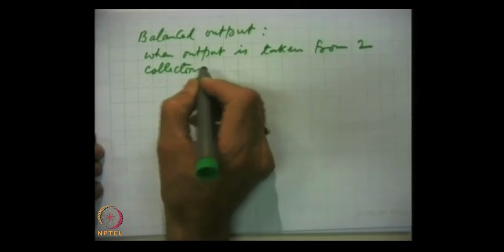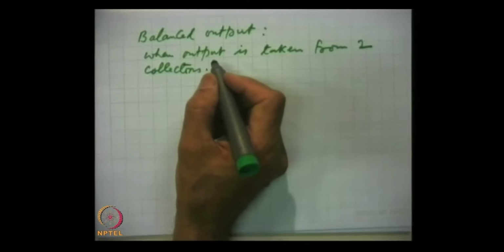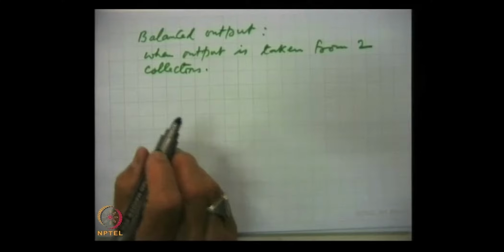And in fact, output can be taken from one collector, C2, with respect to ground.